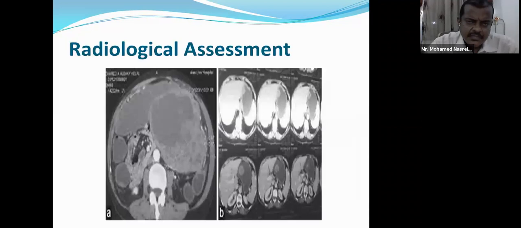The second important investigation: generally speaking, these types of tumors are exophytic. They have the tendency to protrude outside the lumen and outside the original organ. So the CT scan here is very important and crucial. Appearances vary with size and location.